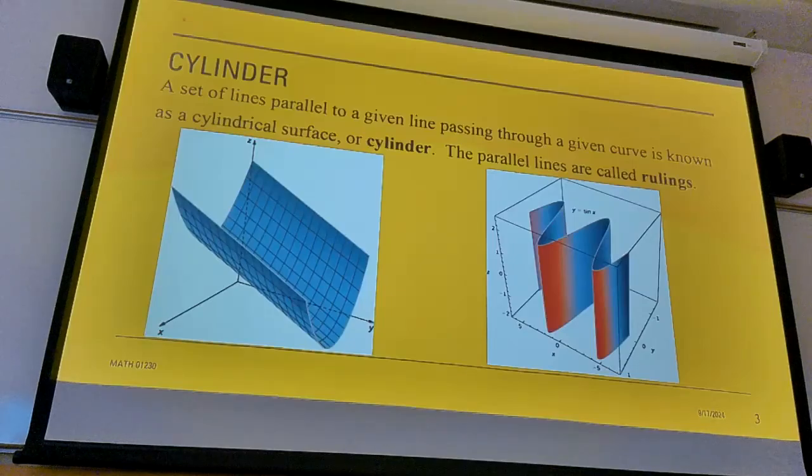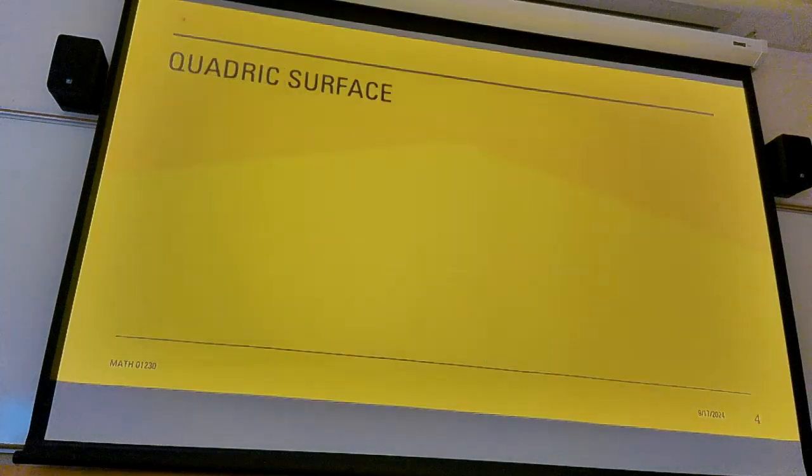Quadric surface. Any surface that can be represented with that relation. So a three-dimensional quadratic equation.